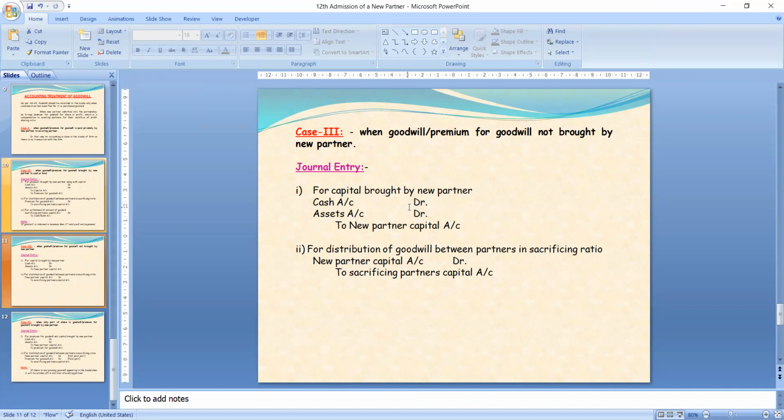So we deduct the 25,000 from his capital of 30,000. His capital balance will be only 5,000.